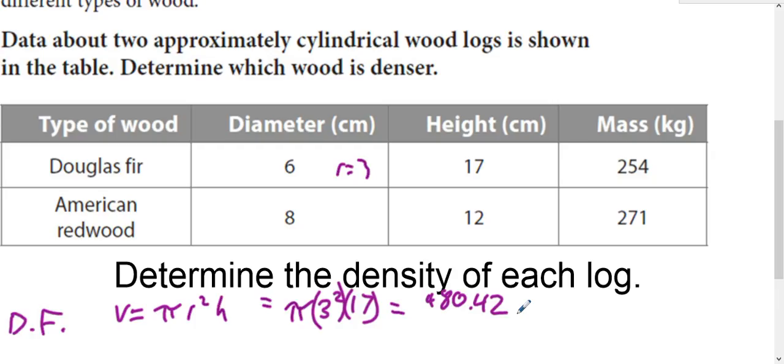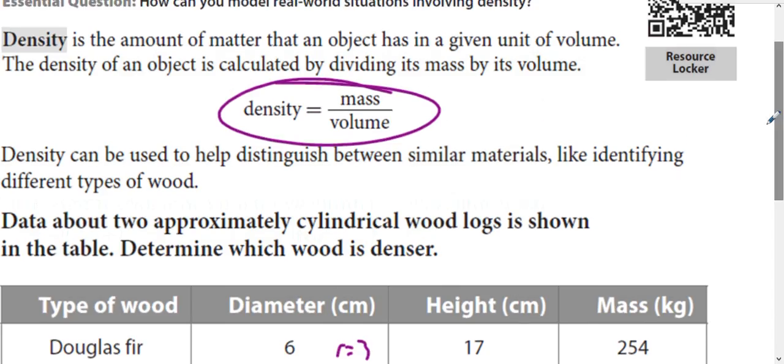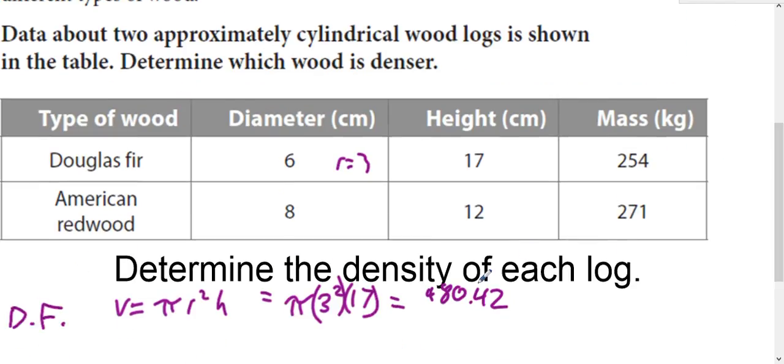That's the volume. Density is mass divided by volume. So mass divided by volume, 254 divided by 480.42. The density of the Douglas fir is 0.5287. We'll say 0.53.